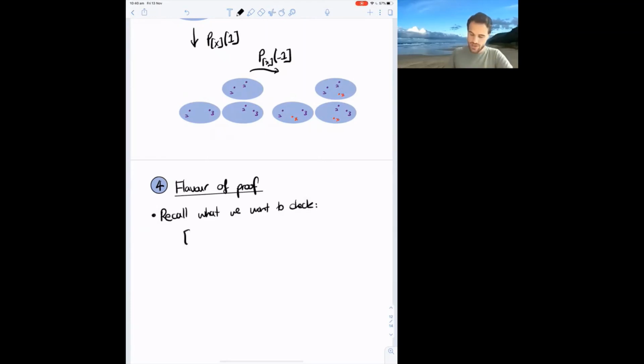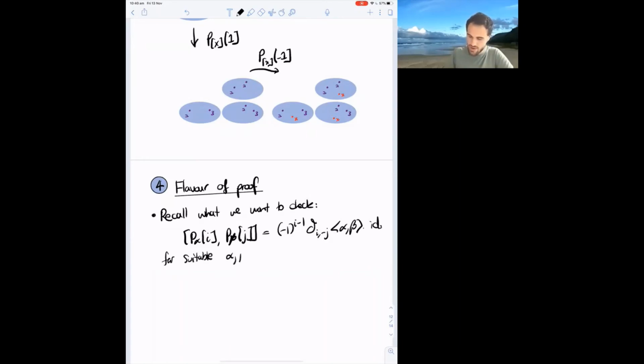We want to check that the commutator of P alpha I, P beta J is equal to (-1)^(I-1) delta I minus J, pairing of alpha and beta, times the identity, for suitable alpha and beta.